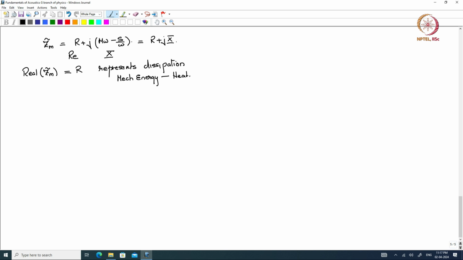Then the imaginary part of Z tilde mechanical is x. Now, that first of all represents or captures the inertia and stiffness of the system, the non-dissipative aspects of the system.